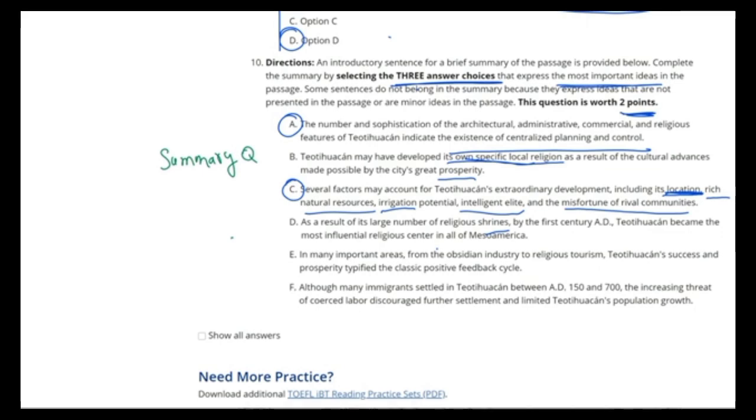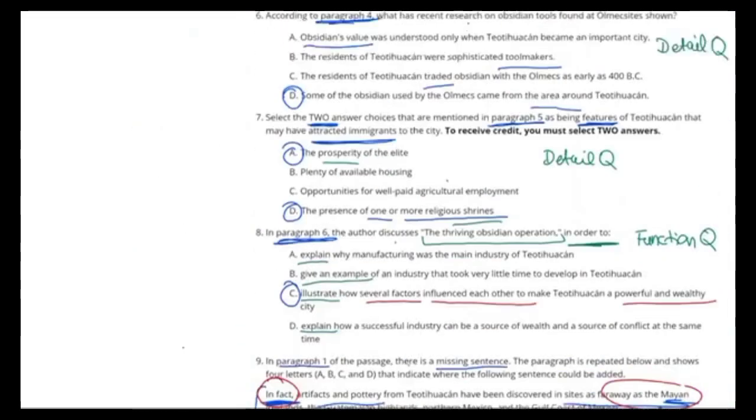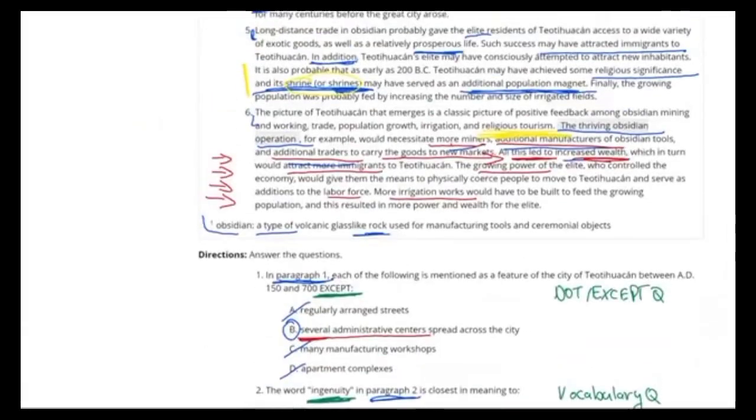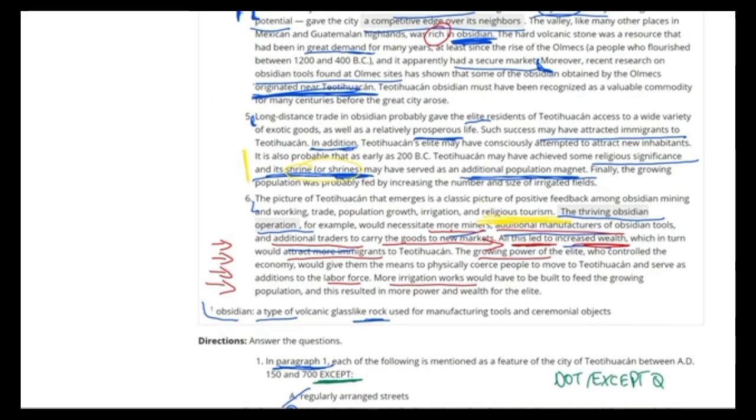In many important areas, from the obsidian industry to religious tourism, Teotihuacan's success and prosperity typified the classic positive feedback cycle. I remember that. That was stated in the text. Let's go to the text. That seems familiar. In paragraph 6, they say the picture of Teotihuacan that emerges is a classic picture of positive feedback, okay?